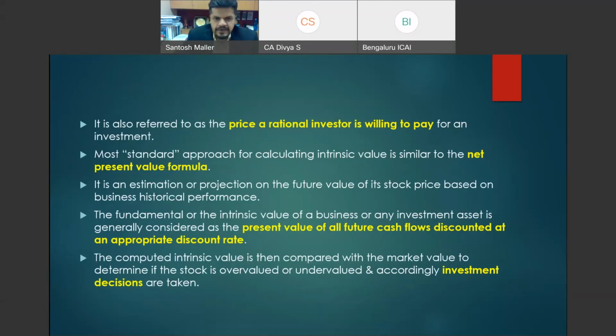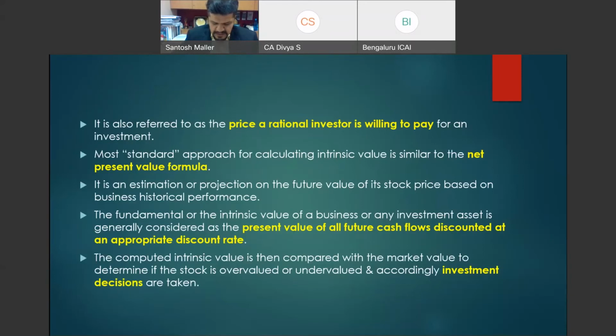For the purpose of market value, it is also referred to as the price a rational investor is willing to pay for the investment. Now, what is a rational investor? Whether it's a bear, whether it's a bull, it's a matter of judgment, and one can have different views about it.